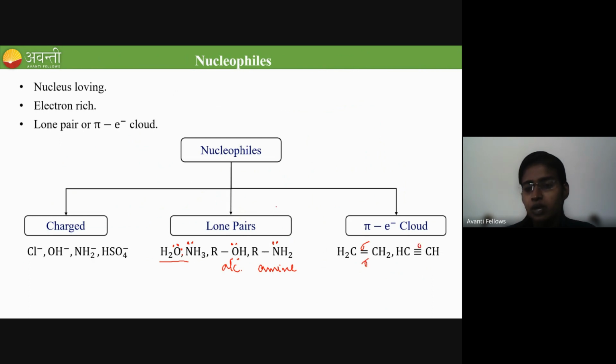In a triple bond, one is sigma and the remaining two are pi. The pi electron cloud acts as an electron rich center through which it can form a bond with another species. Got it? So these three are the categories of nucleophiles.